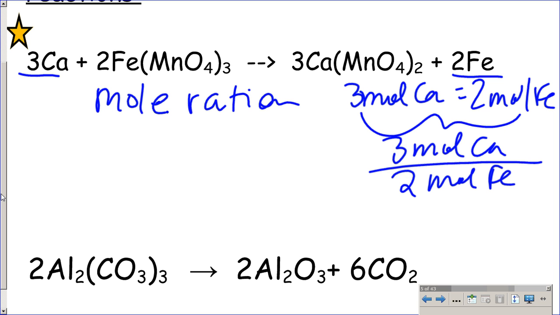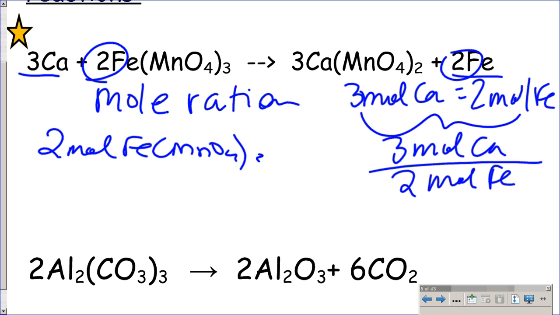So what's the mole ratio between iron-free permanganate and iron? 2 to 2, right? So from iron-free permanganate to iron, it's a 2 to 2 ratio. 2 moles of iron-free permanganate over 2 moles of iron.